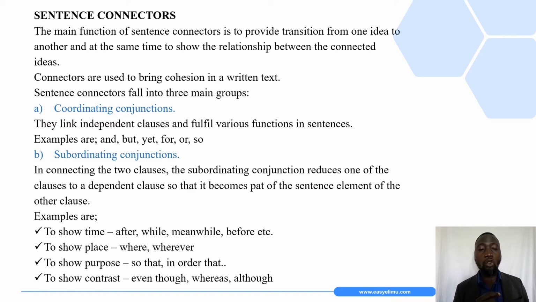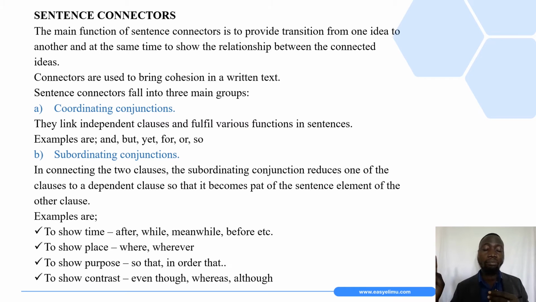You are supposed to know what independent clauses are, and what dependent clauses are, that is, differentiating the two. The examples of the coordinating conjunctions that we have are and, but, yet, for, or, so.